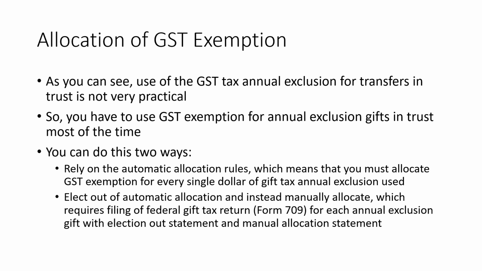And with that, you'd have to elect out of automatic allocation of GST exemption and manually allocate it to maybe direct skips to skip persons who are beneficiaries and look at how manual allocation would be most tax efficient within the trust itself. So that's a huge headache.